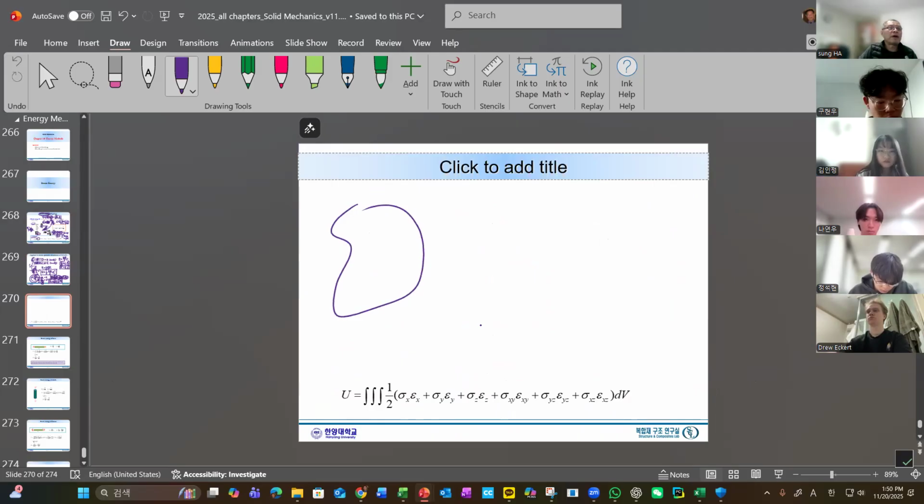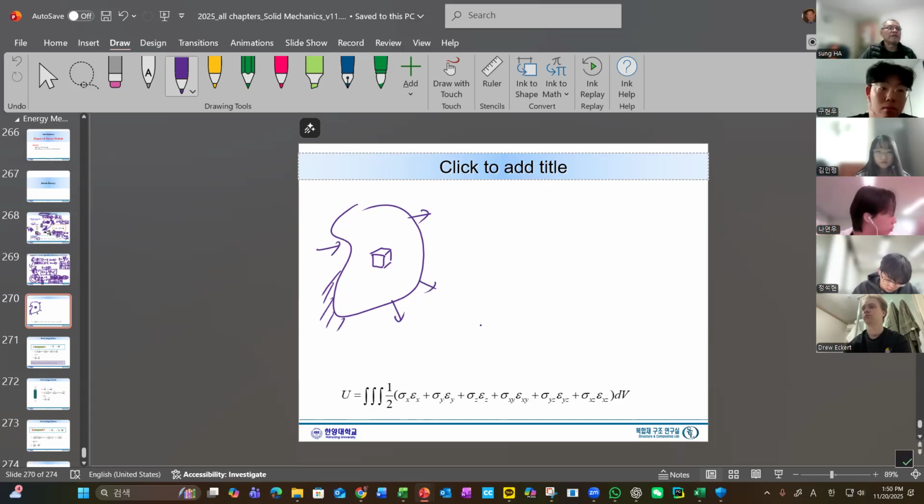Let's say we have a body and we have a small volume, and this body is subject to a certain condition and load, and this is the elastic body and the volume will be dx, dy, and dz.